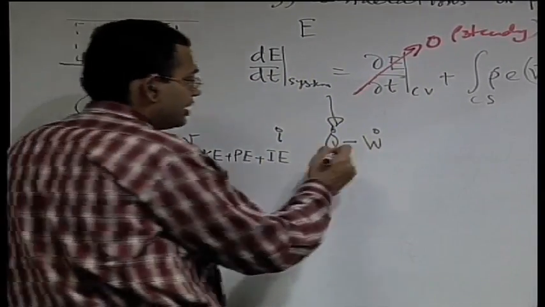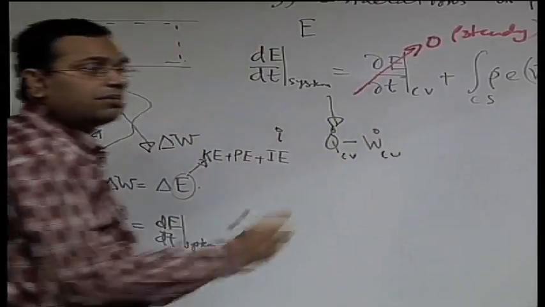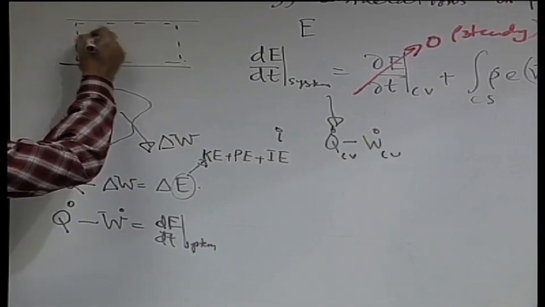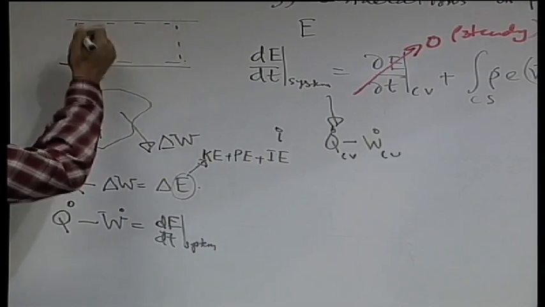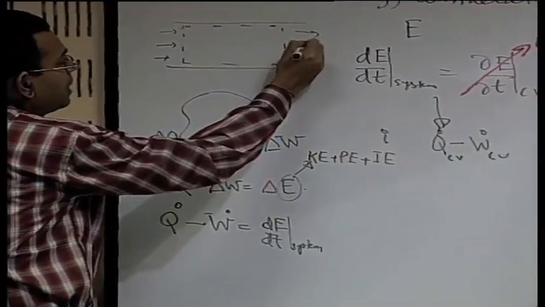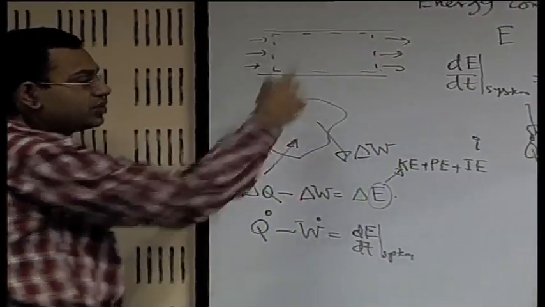So this is as good as Q dot for the control volume minus W dot for the control volume. What is the control volume? You have chosen some control volume across which some fluid enters the pipe and leaves the pipe, and the boundary of the control volume is shown by this dotted line.